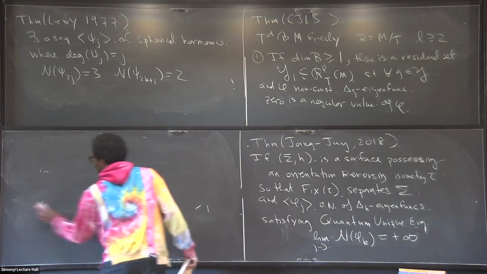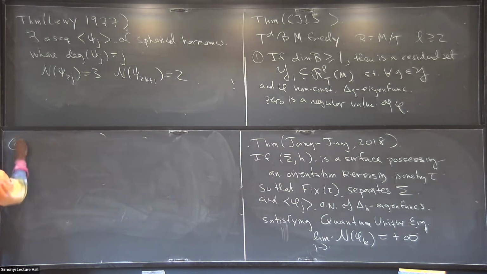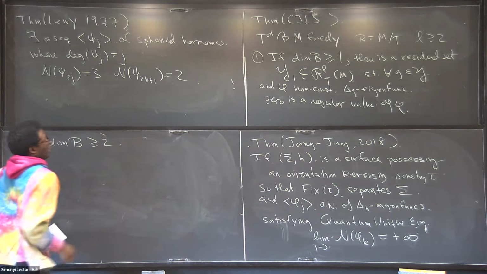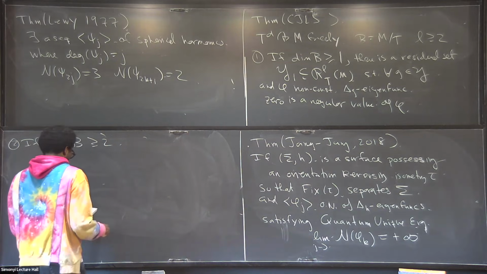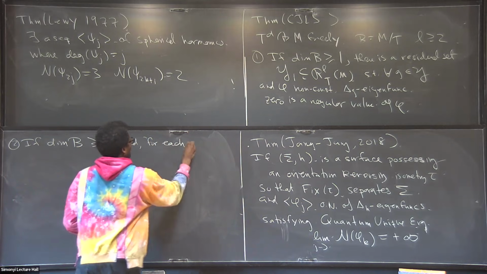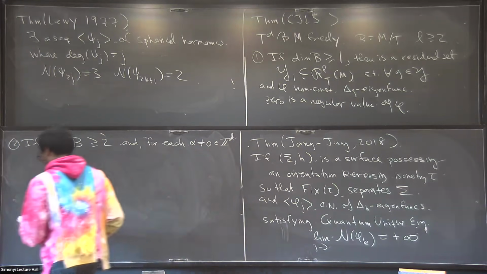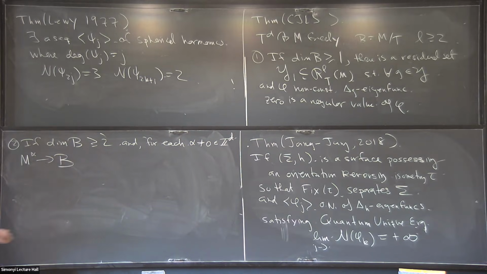So if we now assume the dimension of B is at least 2, so it's a cohomogeneity at least 2 group action, and for each alpha not equal to 0 inside Z^d, so to each set of integers, I'm going to associate some kind of circle bundle sitting over this space.